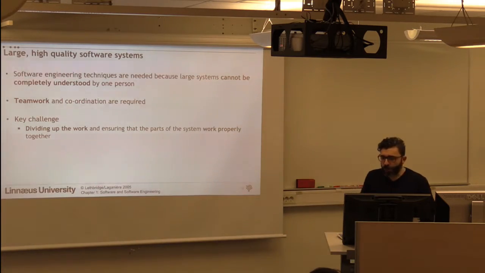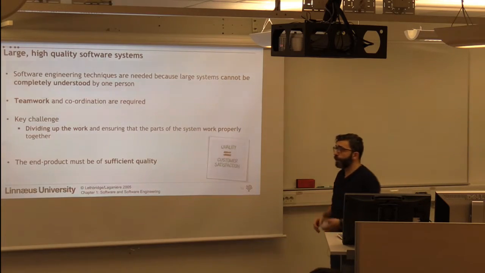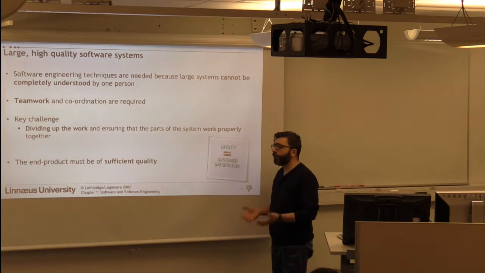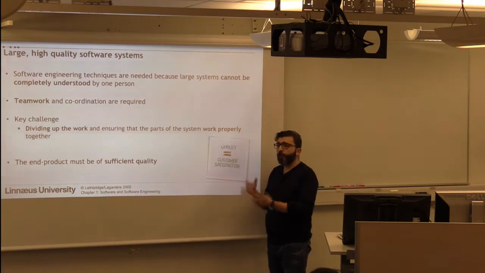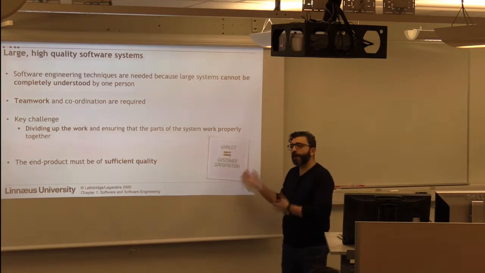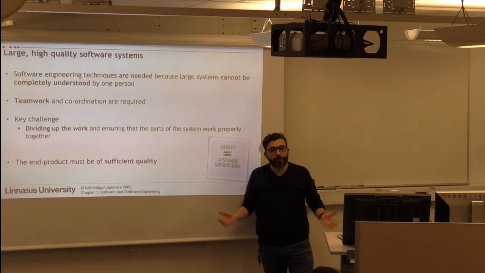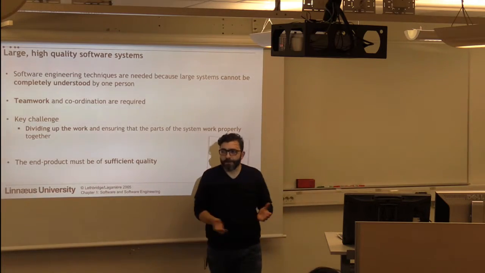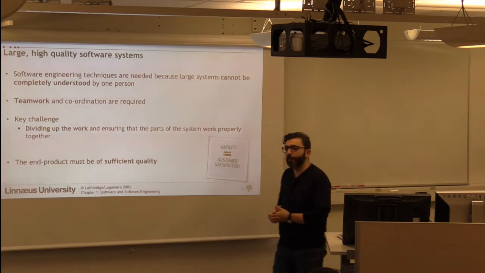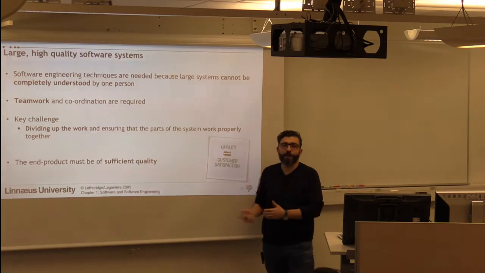The end of this process should be a product with sufficient quality. If we can provide quality, the customer is happy. And if the customer is happy, we also are happy because we get money. Easy. That's our job as software developers: make the customer happy.